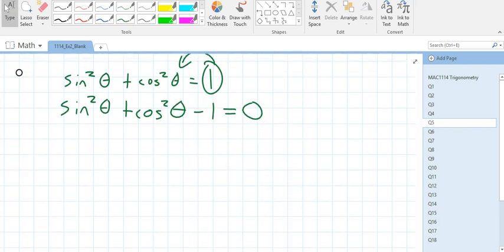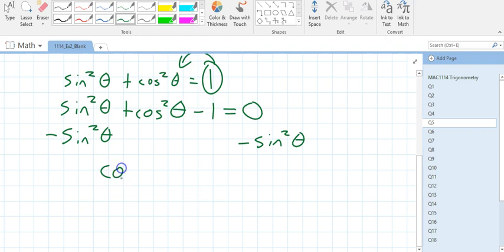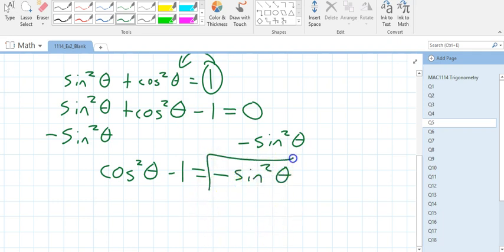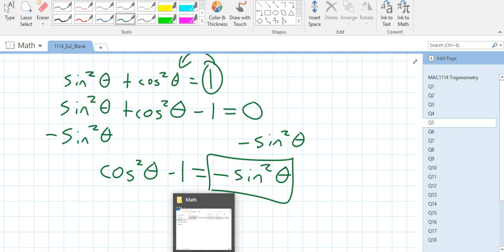But again, we want this cosine squared alpha minus 1 by itself. So how do we move the sine squared? Subtract it. So it's not the positive that you originally gave me, which was really close. It's a negative. Cosine squared theta minus 1 is really a negative sine squared theta. That's the guy that they're looking for in the end.